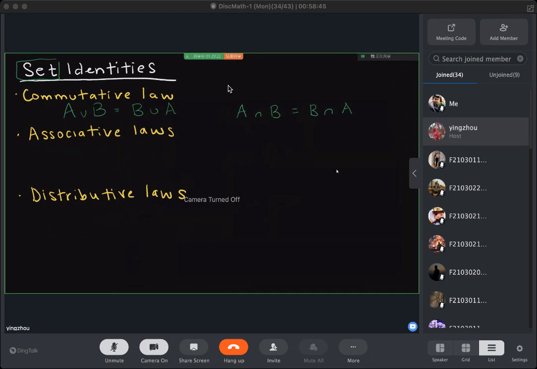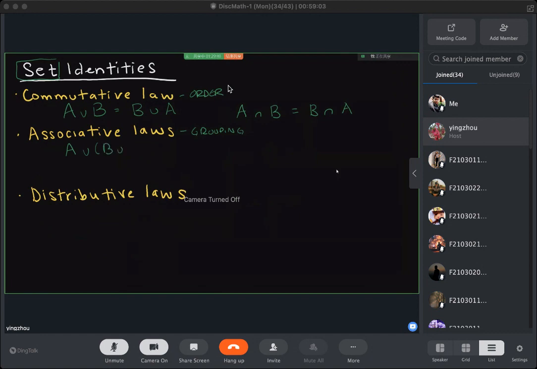You can take the union or intersection in either order and get the same result. The associative law always has to do with grouping, and the values remain in the same order.